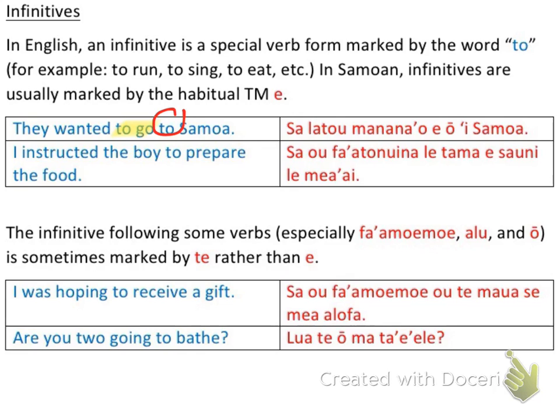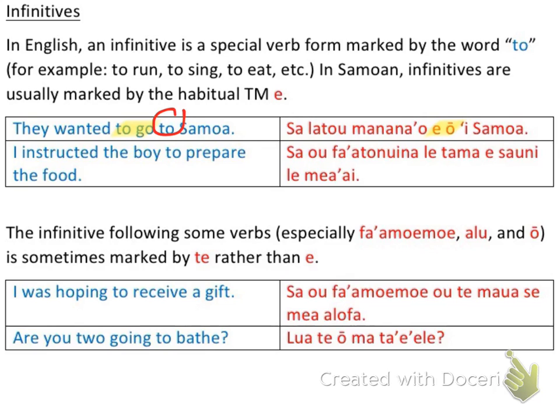The way I would say that is sa lato mananao, and this verb mananao needs to be a plural verb because it's multiple people doing the wanting. Then the ao: the o is the plural form of go, and the a right before it is that habitual tense marker, and that's just saying to go.